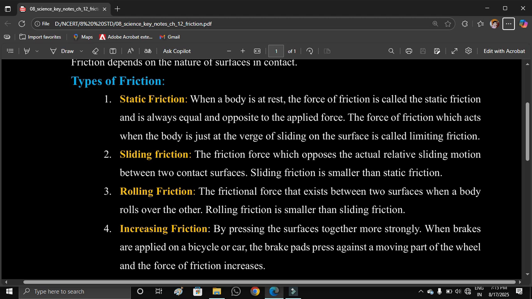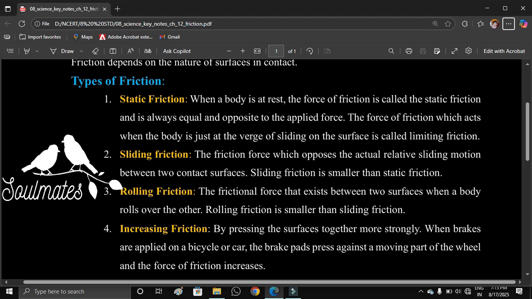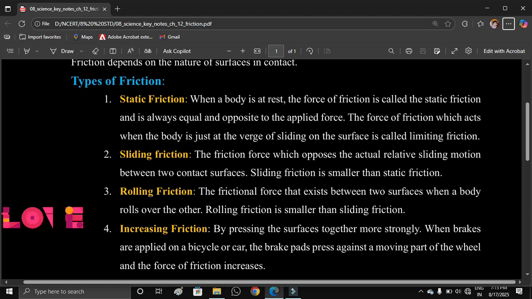Number 4, increasing friction. By pressing the surfaces together more strongly, when brakes are applied on a bicycle or a car, the brake pads press against a moving part of the wheel and the force of friction increases, and hence the bicycle or car may be stopped.